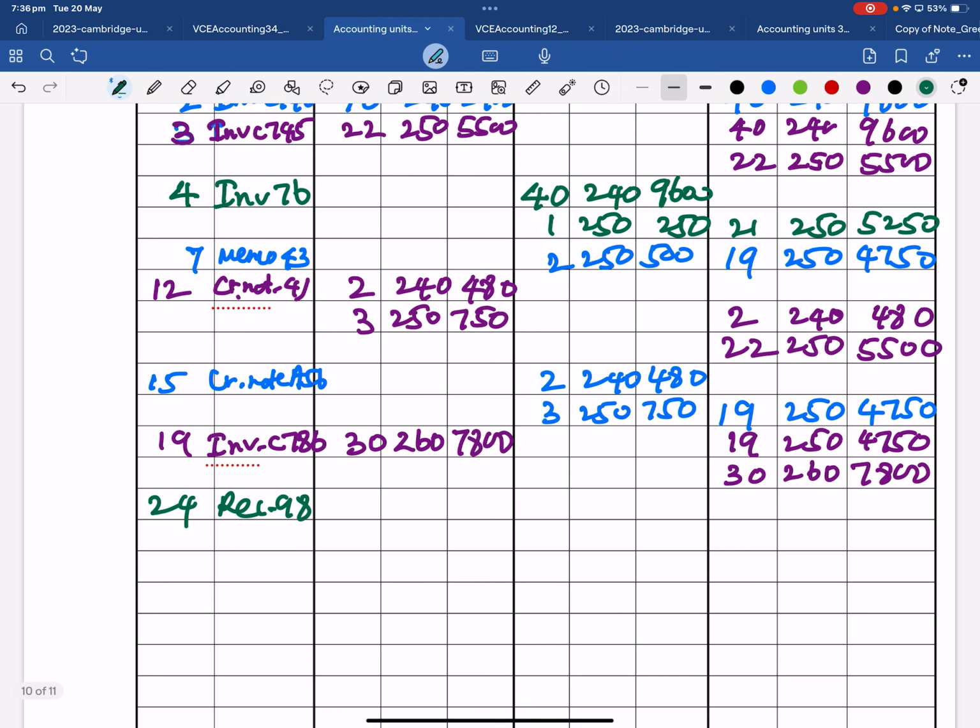Then what will happen? 19 at 250, because we assume the earliest inventory will be the one that will be sold, and then we have to issue one more at 260, yes? Right, then how many remaining? 29 at 260, which is 7,540.